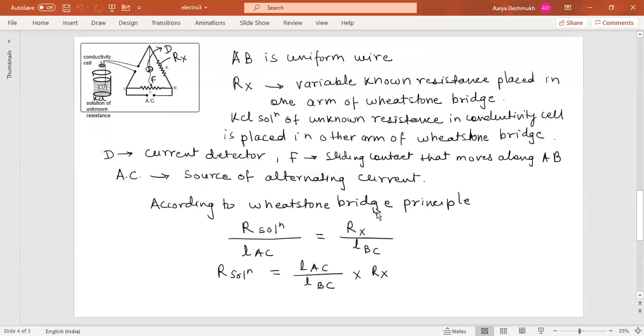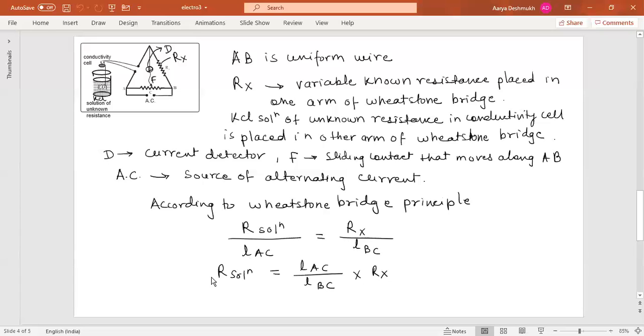Now, according to the Wheatstone bridge principle, the resistance of the unknown solution divided by length AC is equal to the known resistance divided by length BC. So if you rearrange this equation, you will get the resistance of the unknown solution equals length AC divided by length BC into Rx.